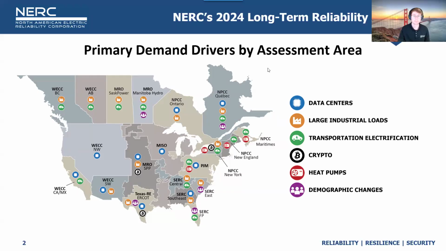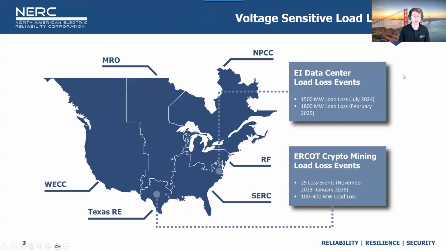So some of the challenges that we're seeing already, as Eric mentioned, there's some really big pockets of large loads in the Eastern Interconnection and in Texas. We saw particular events where normally cleared faults resulted in large losses or transfers of load to their backup generation.